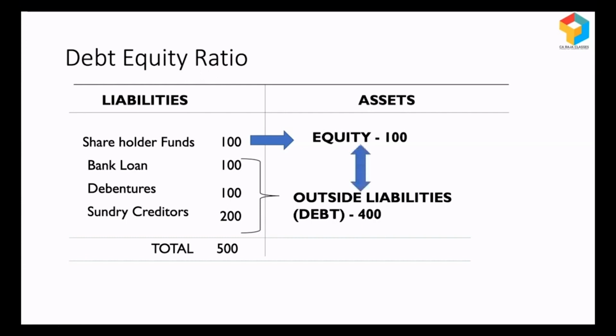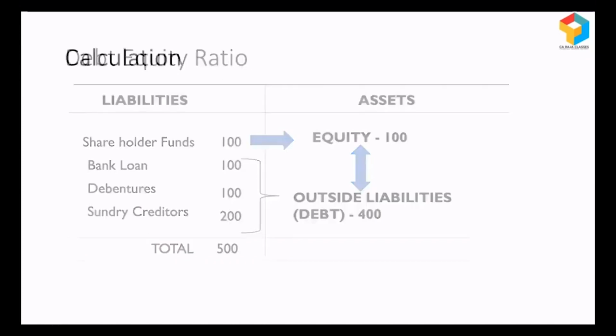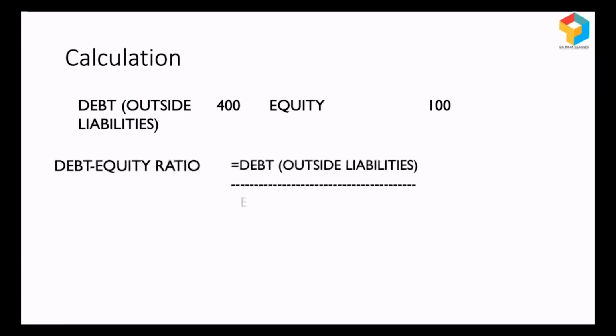And we have to relate these two so that we can calculate debt equity ratio. Let's do that. Debt is 400 million, equity is 100 million, and debt equity ratio is debt by equity, 400 by 100, and we get the value as 4. But I'm going to express that as 4:1.